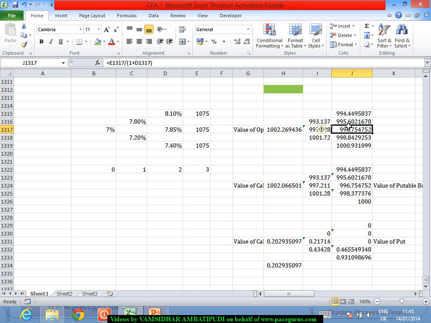When I am adding the spread at each of the nodes, that is where I am trying to look at an option adjusted spread.